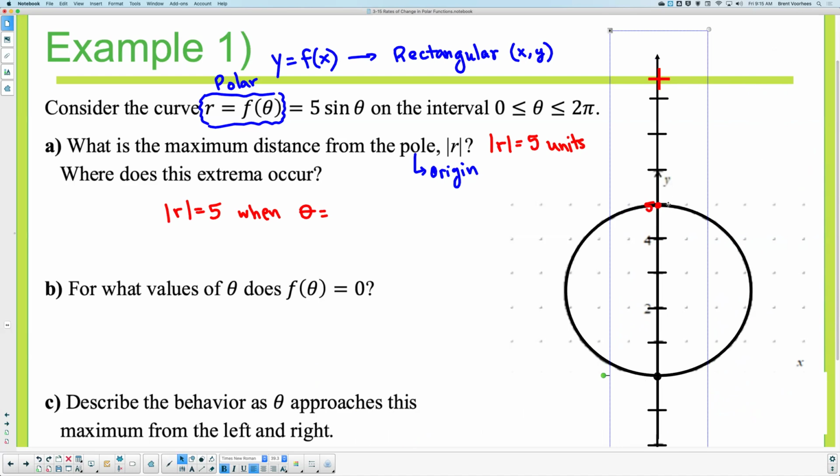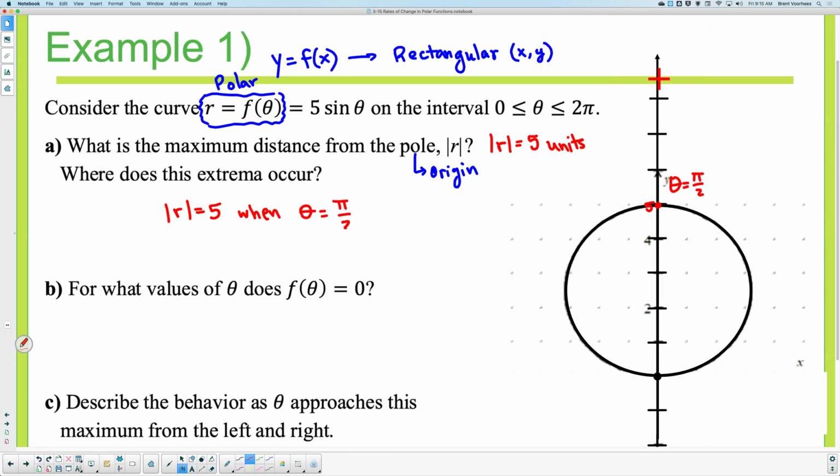What theta would this be to rotate my polar axis to this point here? Go ahead and just say it out loud. Pi over 2. That happens when theta is pi over 2.